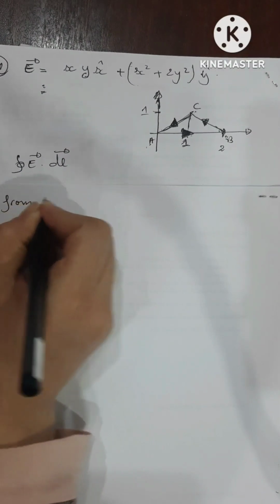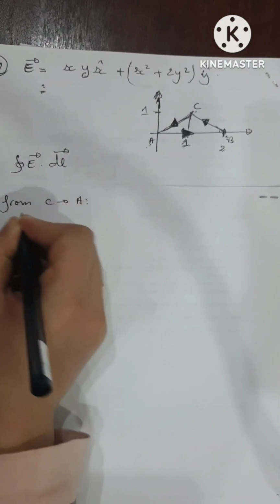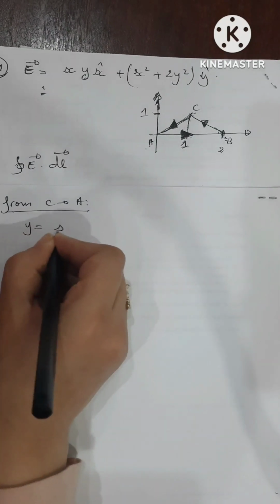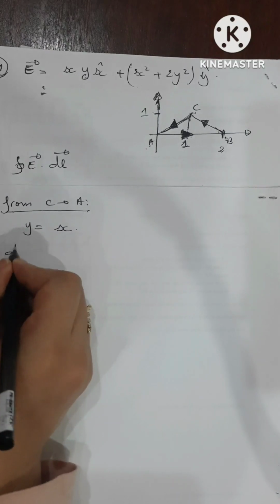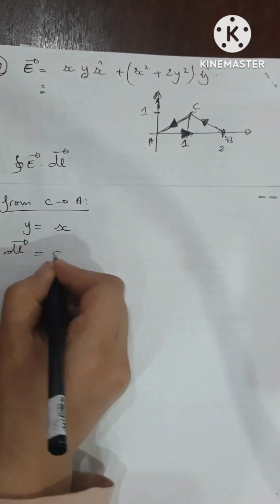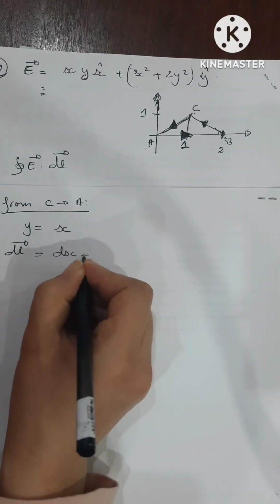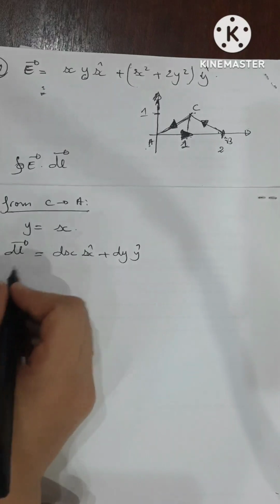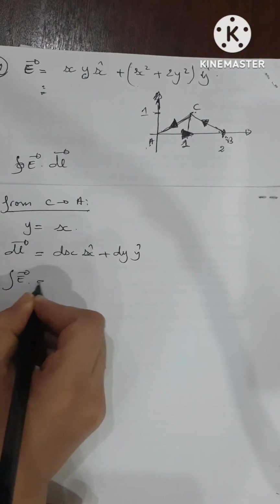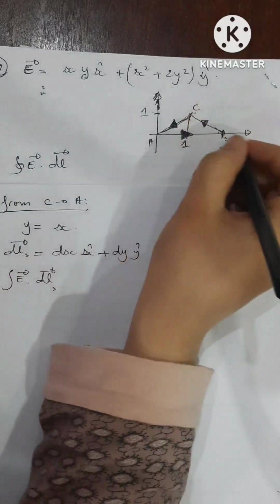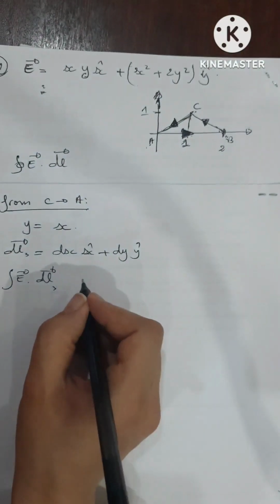From C to A is similar to the previous example. We have y equals x, dl equals dx in the direction of x plus dy in the direction of y. This is dl3, for example, dl2 and dl1.